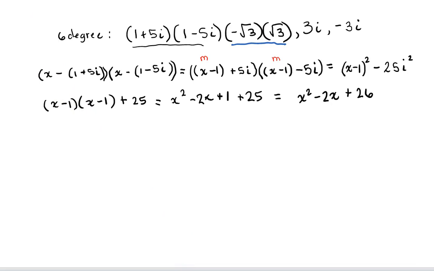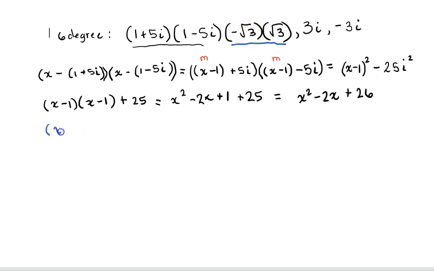Now I'm going to do my next one. I'm going to change my color so it's a little easier to see, but I want to make sure that we're following all the way through. I'm going to have my square root of 3 and a negative square root of 3. So let's go ahead and do that.